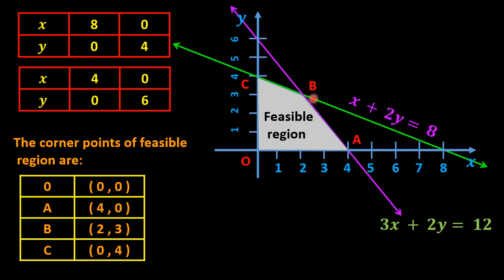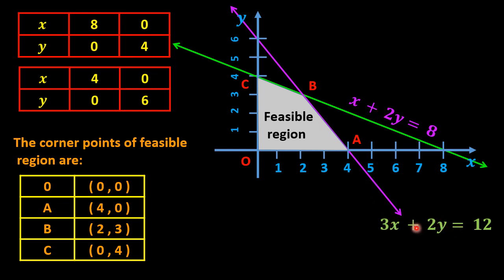And for B, we can find this point by solving the equations of the two lines which are intersecting. So here the green line represented by x plus 2y equals 8 intersects with the other line, which is the purple line, given by 3x plus 2y equals 12.